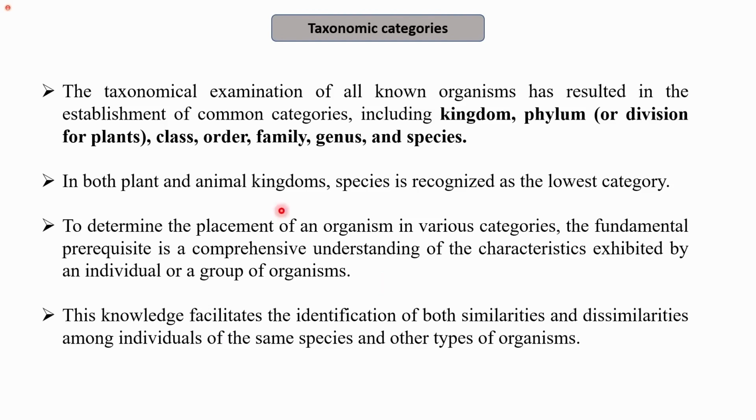This knowledge is the identification of both similarities and dissimilarities among the individuals of the same species and other types of organisms. So basically, until and unless we have the information about the characteristics that an organism has, we will not be able to identify similarities or differences with individuals of a different group.